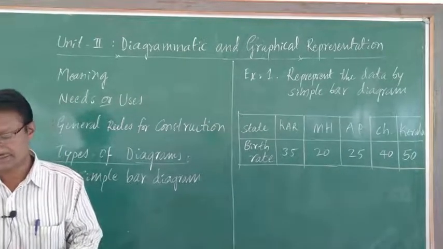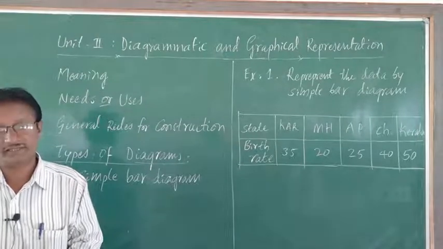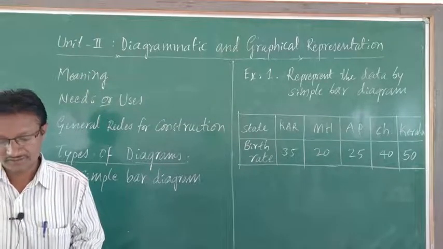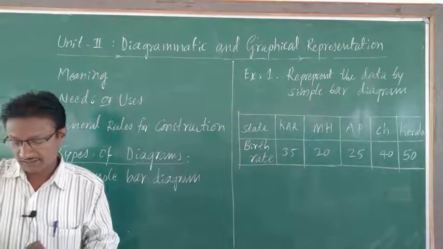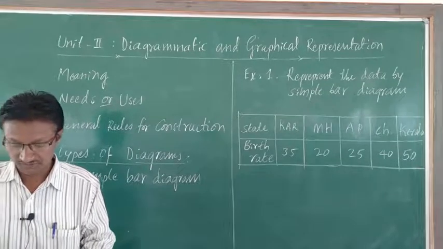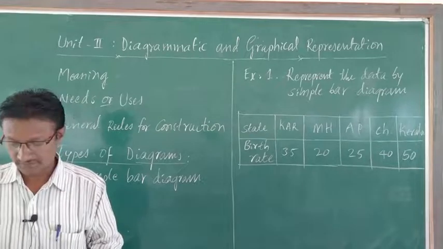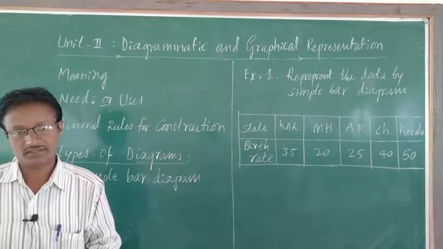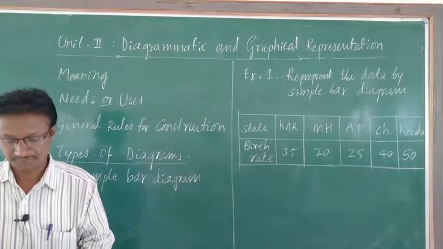The heading should be brief, simple and self-explanatory. Number 2, proper scale for values should be used. For example, 1 cm is equal to 5 or 10 or 15 or 20, etc.